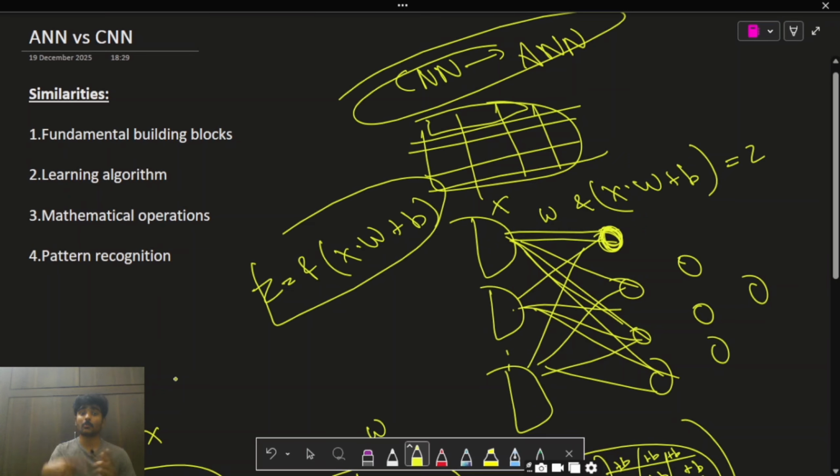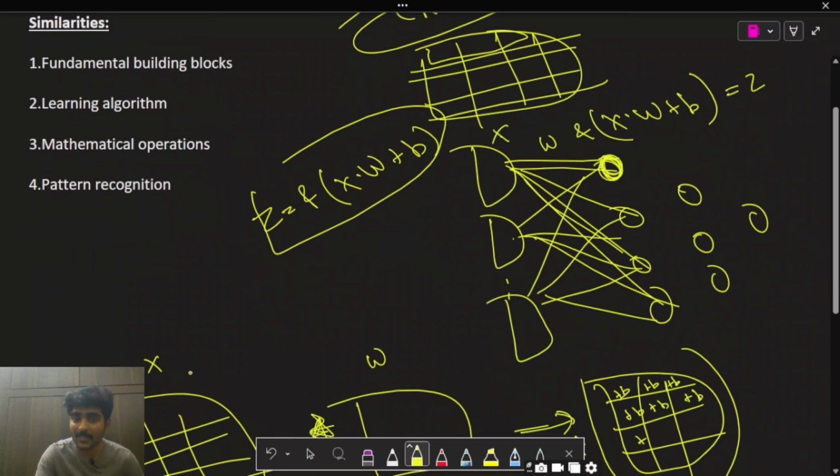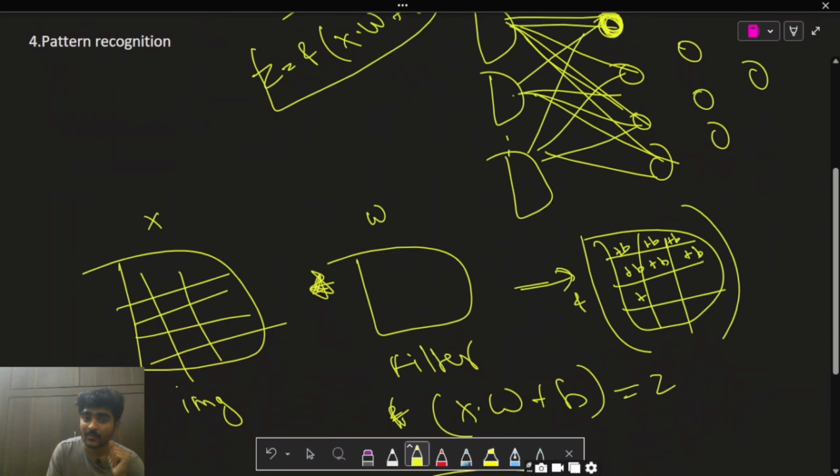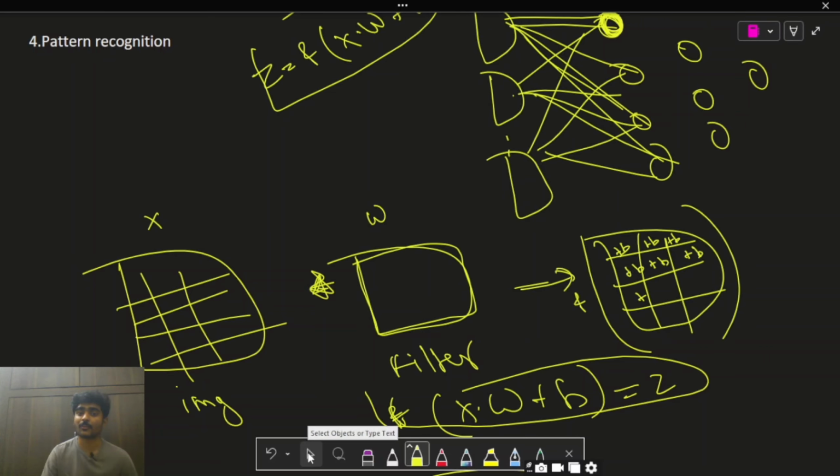From this we can conclude that the hidden unit in an artificial neural network and one filter in a convolutional neural network are similar, because of this similar kind of operation.